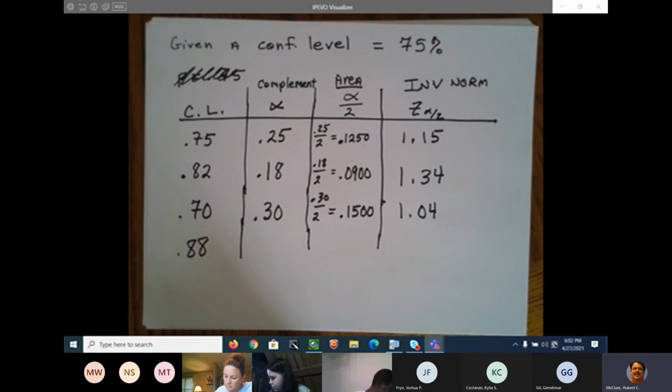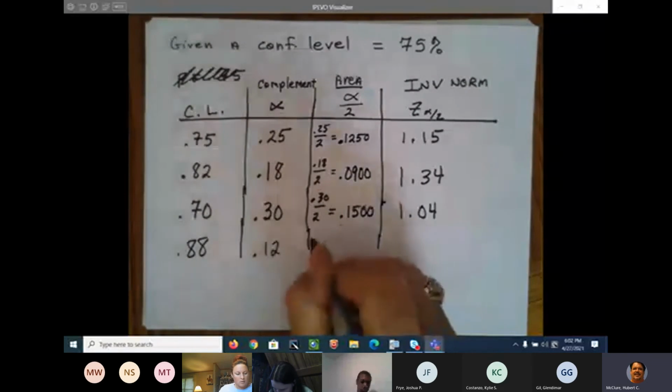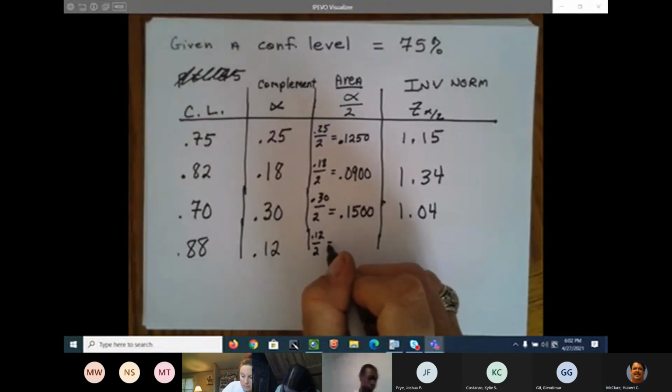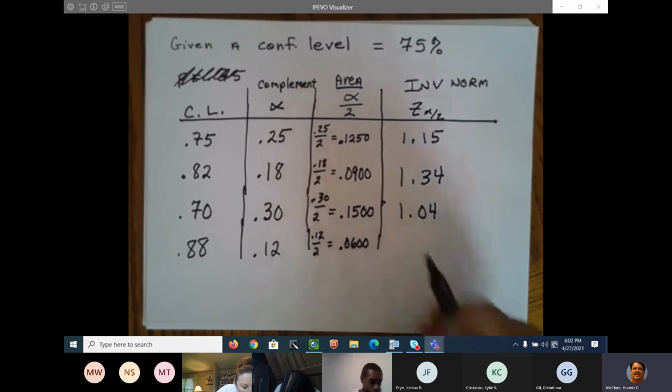So what is the complement of 0.88? 0.12. And what is 0.12 divided by 2? 0.0600. And the inverse norm of 0.0600? 1.55.